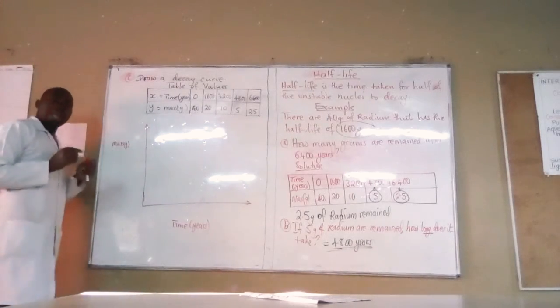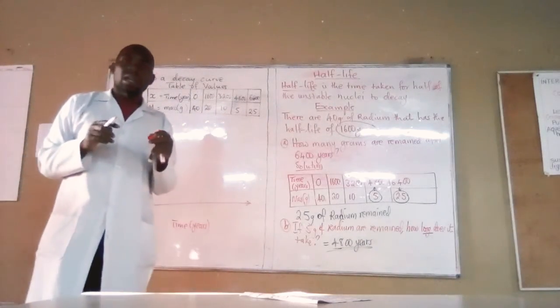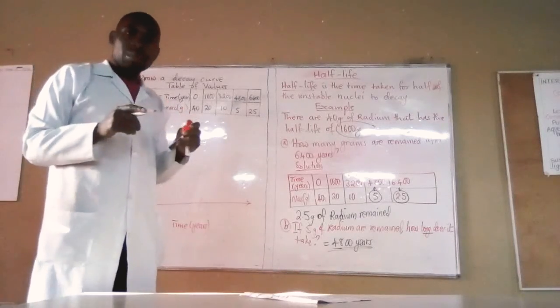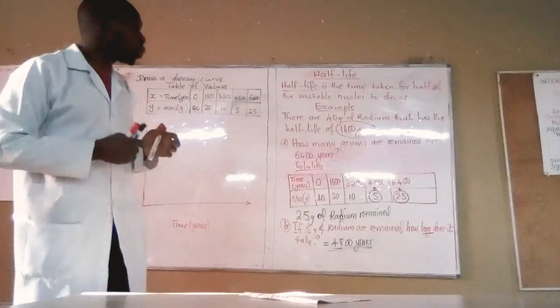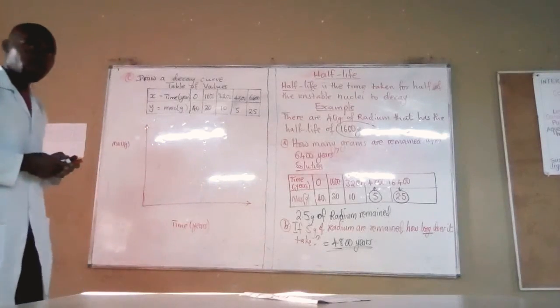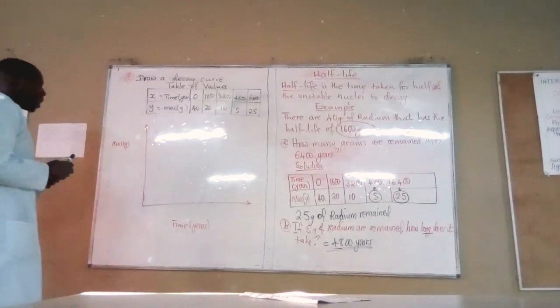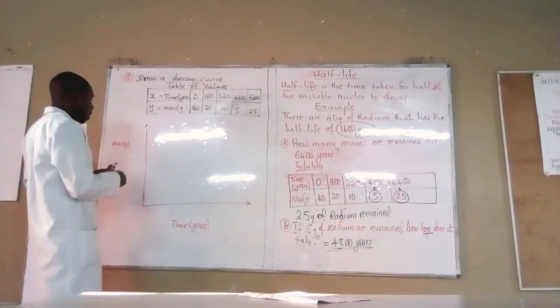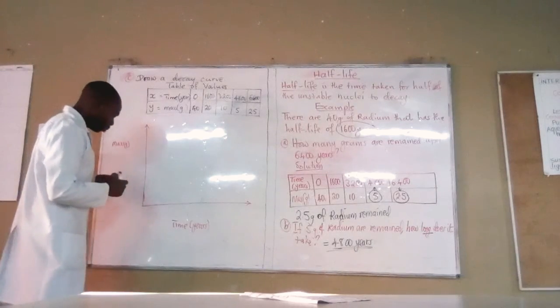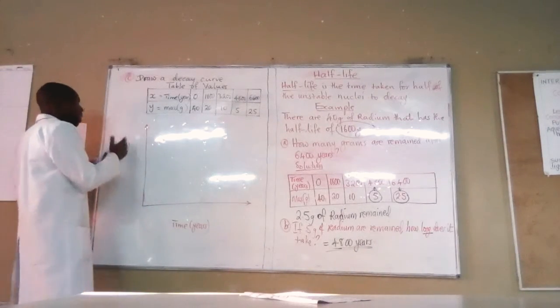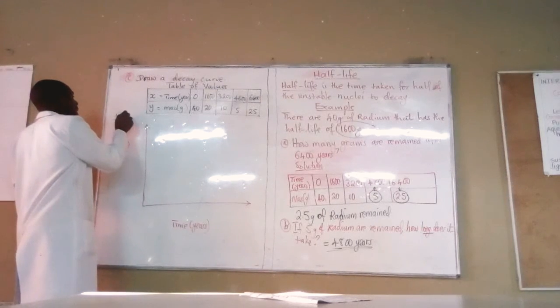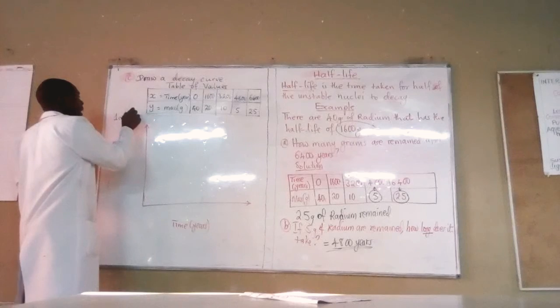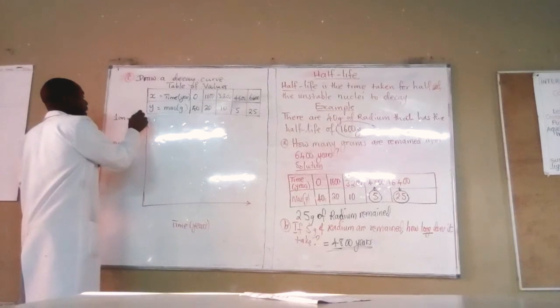Now, you need to understand that for a very brilliant graph, you are supposed to use a scale. In this case, since this is a board, I'm going to make sure that on the y-axis, 1 centimeter is equal to 10 units.